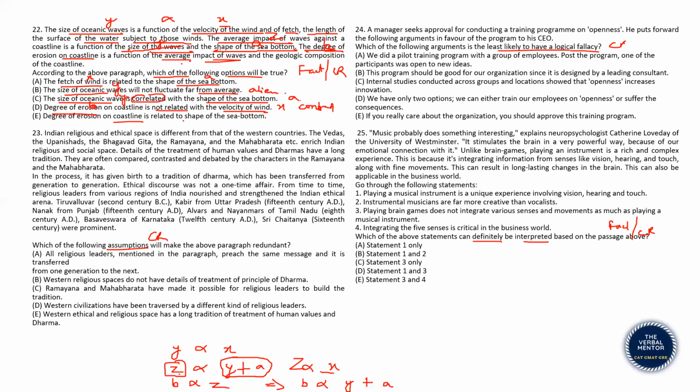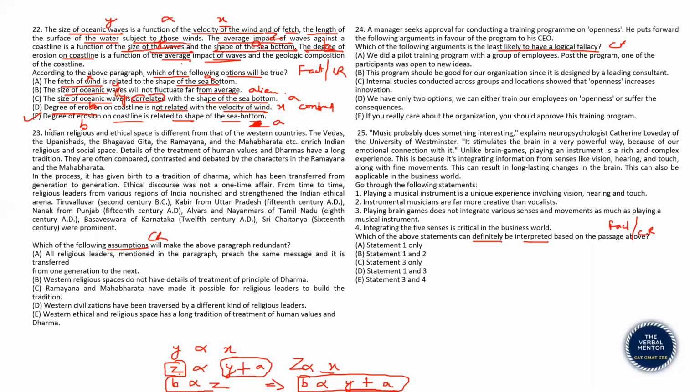Degree of erosion on the coastline is related to the shape of the sea bottom. So b is proportional to or related to the shape of the sea bottom. We have already figured it out. Shape of sea bottom was a. Is b proportional to a? Yes, b is proportional to y and a both. So option E is the correct answer.